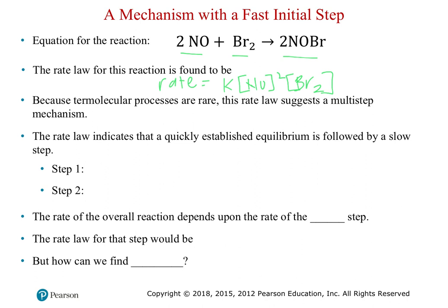Now, if this was a one-step reaction where the first step was the slow step, then that would mean that it would be termolecular because of this having basically an order of 3. But since those are so uncommon, it's likely that this is a multi-step reaction where the first step is fast and the second step is slow.